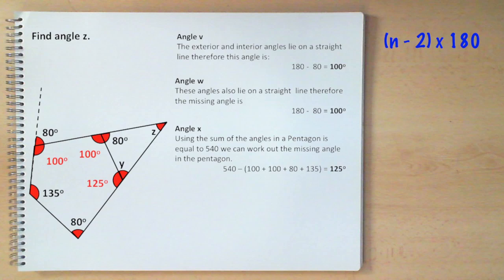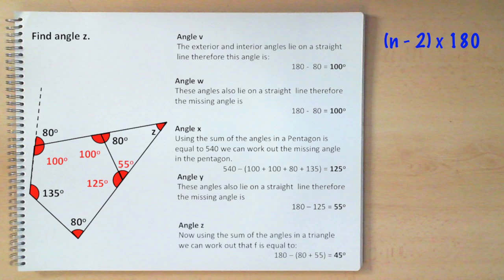Again, we can work out Y because Y and 125 lie on a straight line. So Y is 180 minus 125, which equals 55 degrees. And finally we've got a triangle. All 3 angles add up to 180 degrees, so Z is equal to 180 minus 80 minus 55, which equals 45 degrees.